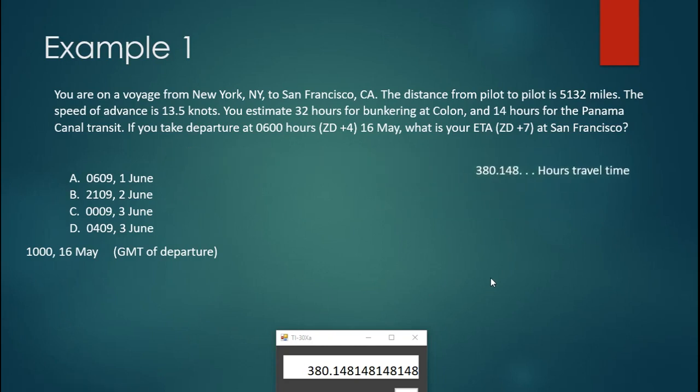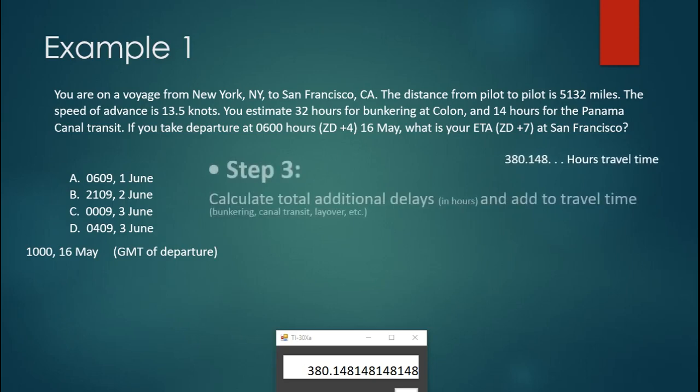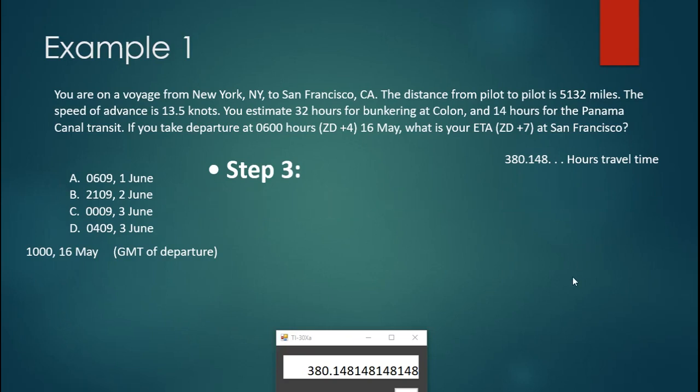So now we're going to take the additional delays, the 32 hours for bunkering and the 14 hours for canal transit, and we're going to come up with 46 hours of delay time, and we'll add that to our travel time.